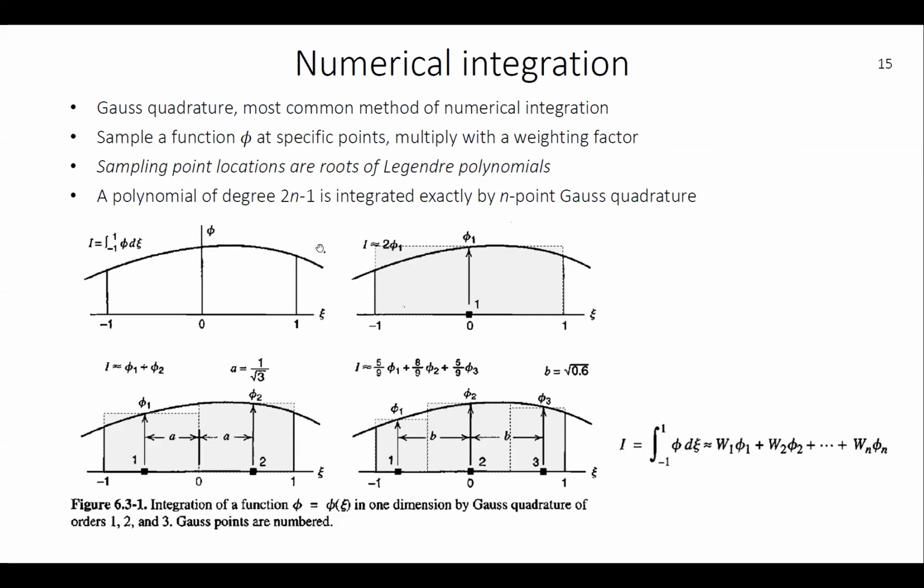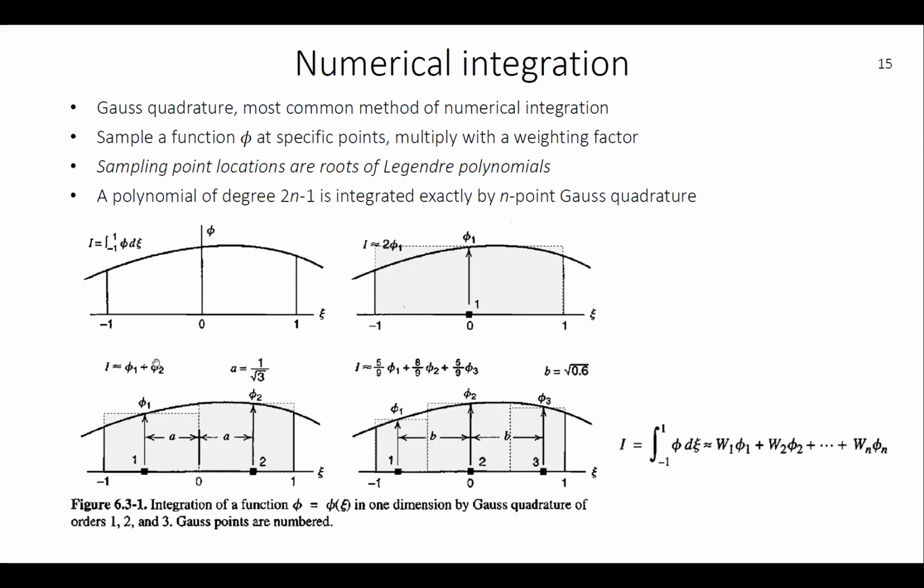We would like to integrate phi by using specific sample points and multiplying those with a weighting factor. So we have a problem having a closed form integral of this expression phi, generally speaking. The sample points, I will not go through in detail how you determine those.